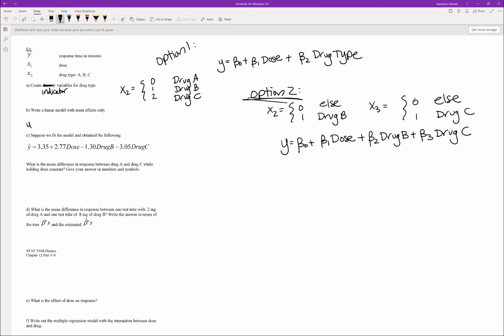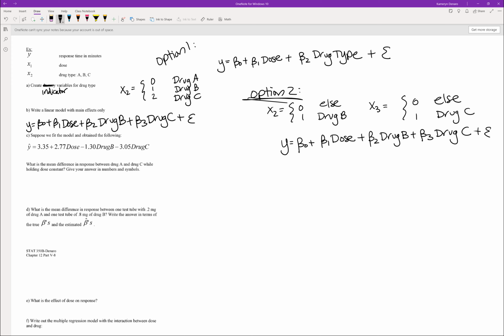So y equals beta 0 plus beta 1 dose plus beta 2 drug B plus beta 3 drug C plus epsilon.